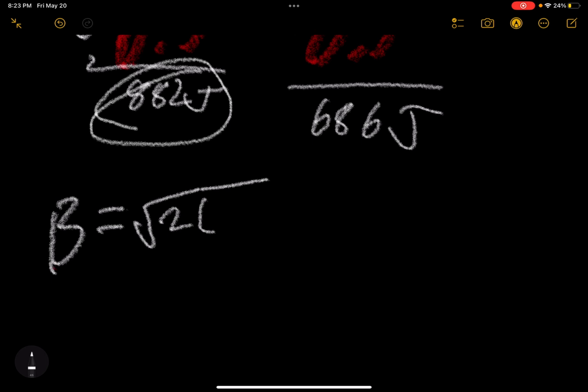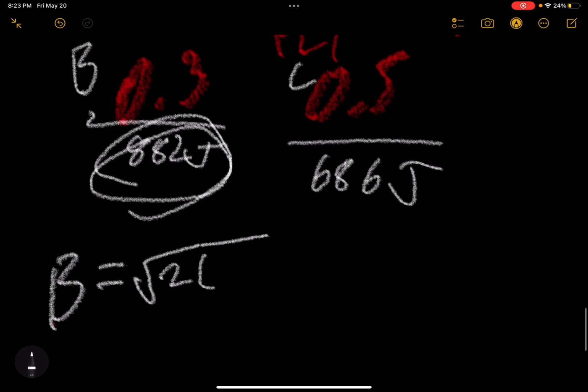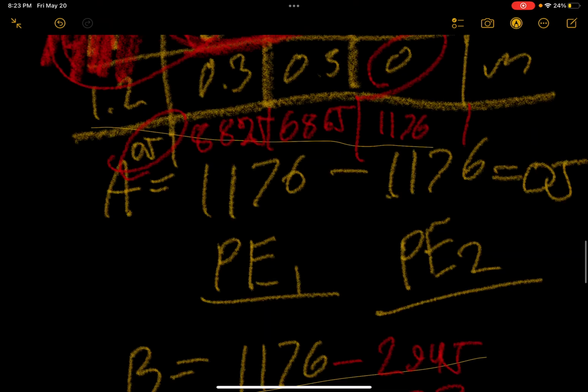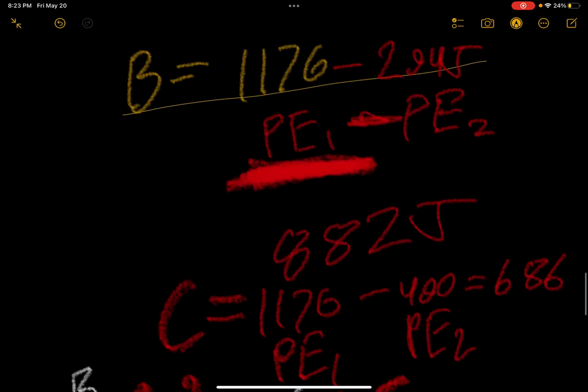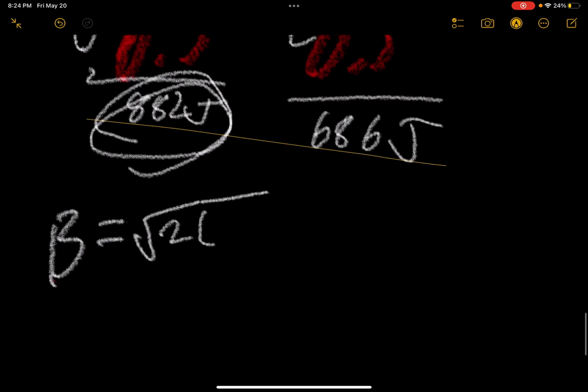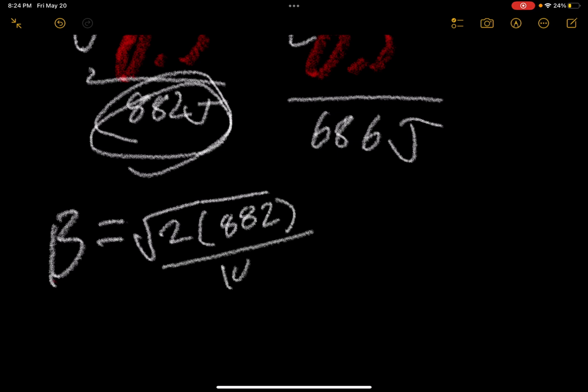This is how much kinetic energy we have at 0.3 meters, right? It's kinetic energy. Yep, you're right. We have 882 joules, and then this is over mass, which to be clarified is 100. Correct? So now all we have to do is solve this equation.